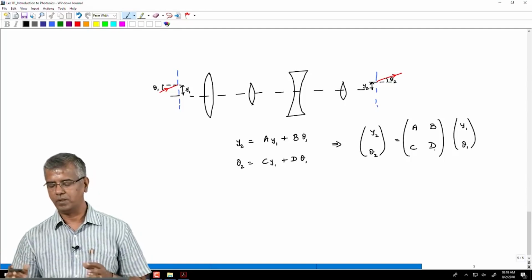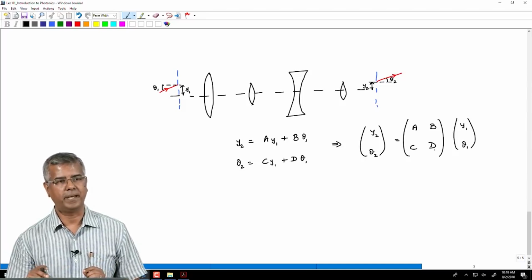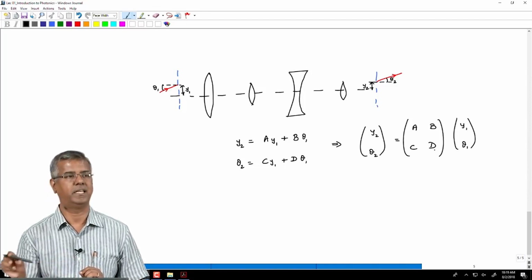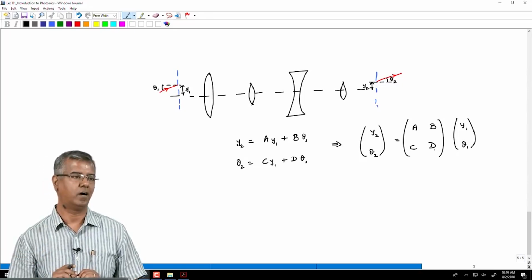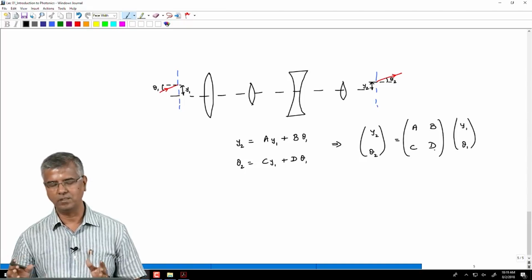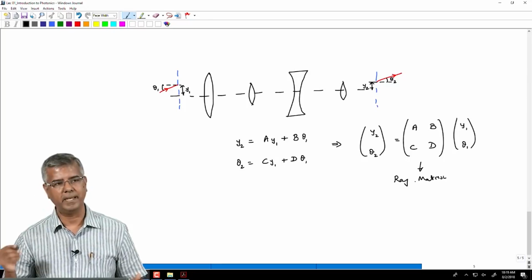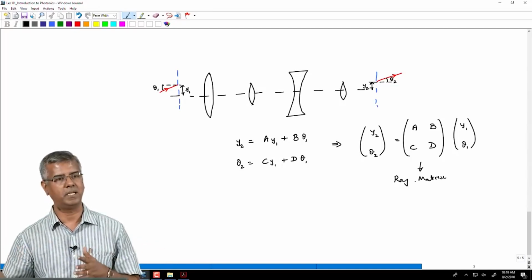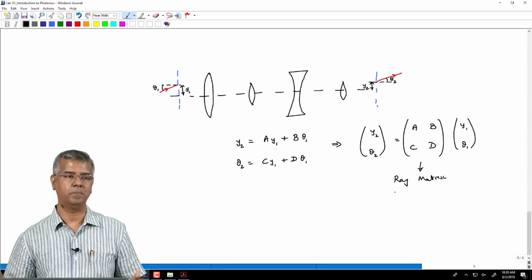Okay. So, if you can model the propagation of a light ray within each section of this optical system, through each surface of this optical system, then essentially this is what you call the ray matrix, and the ray matrix is actually going through multiple sections, multiple surfaces, and each one of those has its own ABCD matrix.